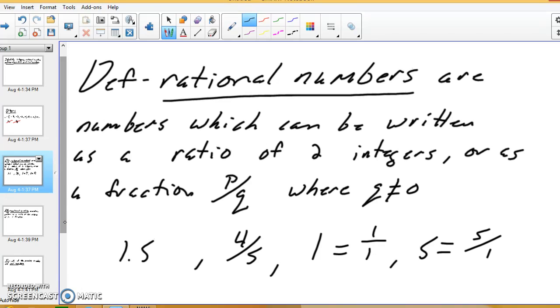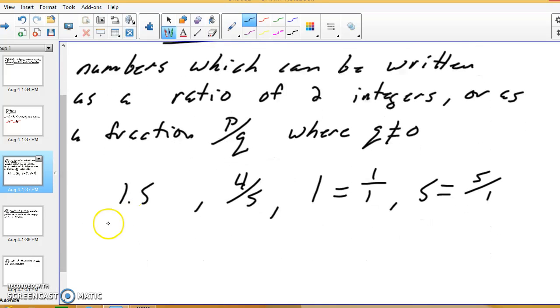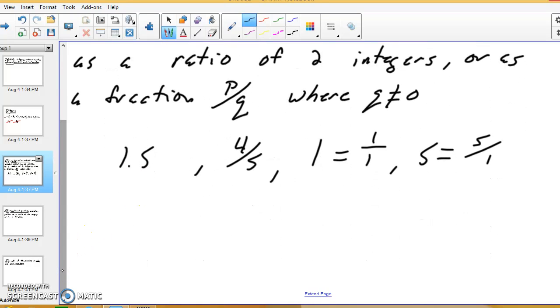So if you notice, the integers are a part of the rational numbers. So every number that is an integer is also a rational number. However, every number that is a rational number is not an integer because, as we mentioned, 1.5 is not part of the integers. And again, just a few more examples.